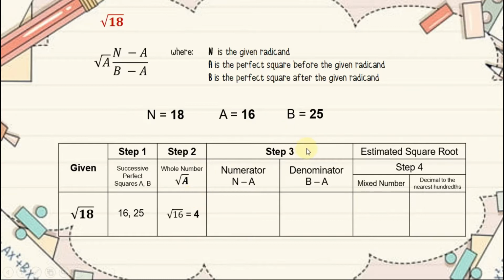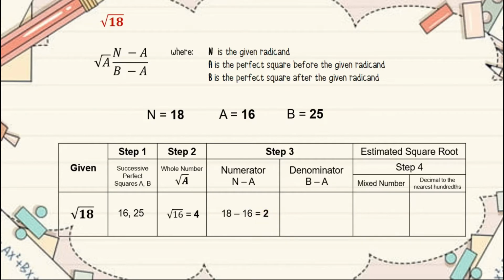For step number 3, we're going to determine the numerator and denominator of our fraction. For the numerator, we're going to have n minus a. Our n is 18 minus a, which is 16. It is equal to 2, and that will be our numerator.